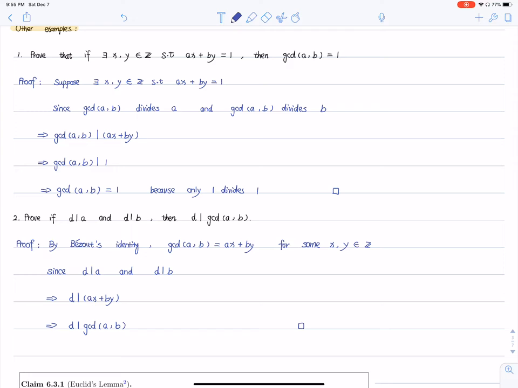First of all, we make the assumption, literally just copy down this. Then, since we know that the GCD of AB divides A, and the GCD of AB divides B as well, we know that the GCD of AB divides the linear combination of AB. Okay, write it down. If you are taking, hold on.